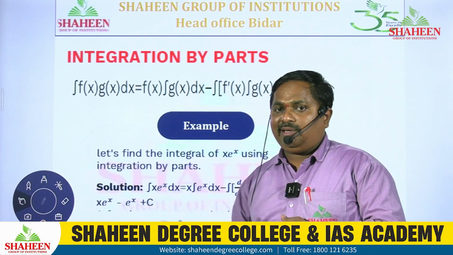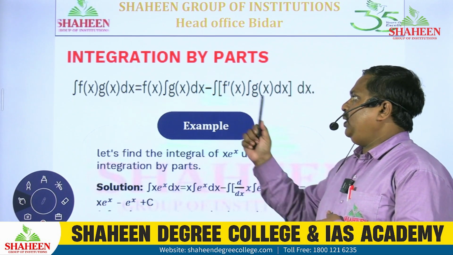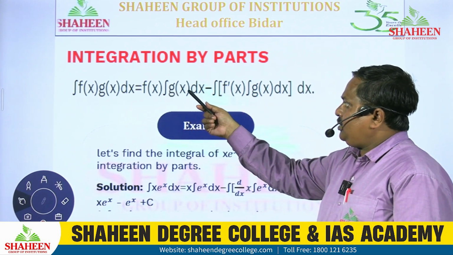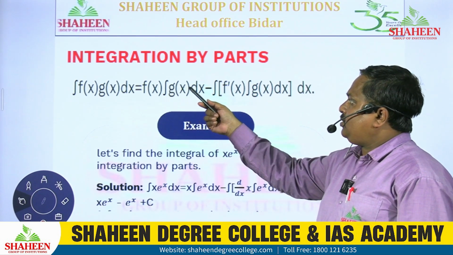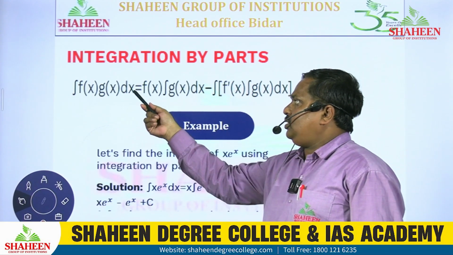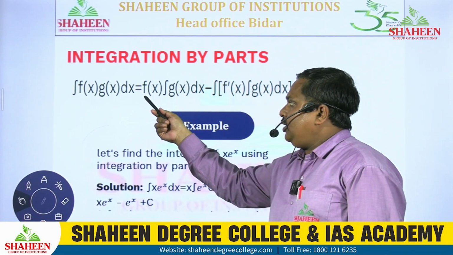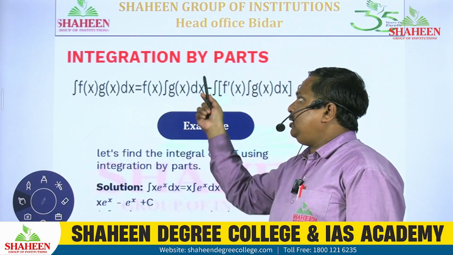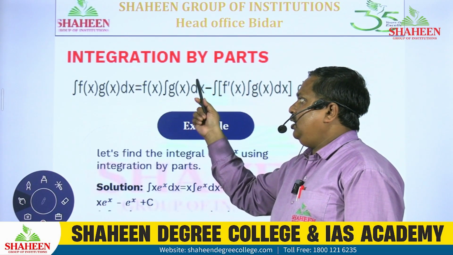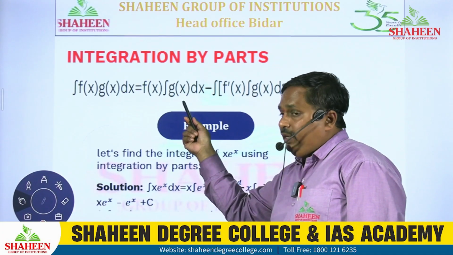How do we integrate in this rule? The integral of f(x) g(x) dx equals f(x) as it is times the integral of g(x), that is u times the integral of v.